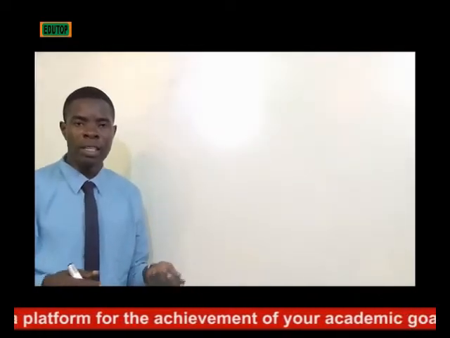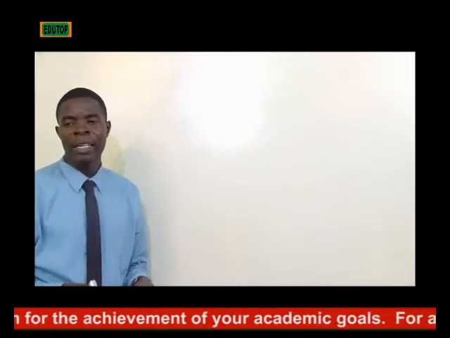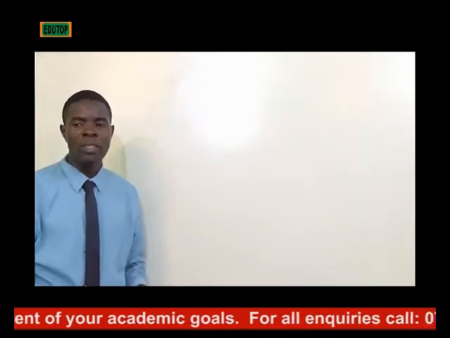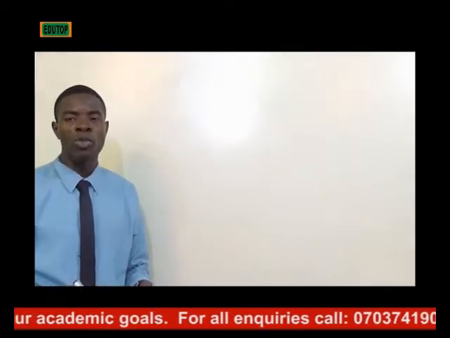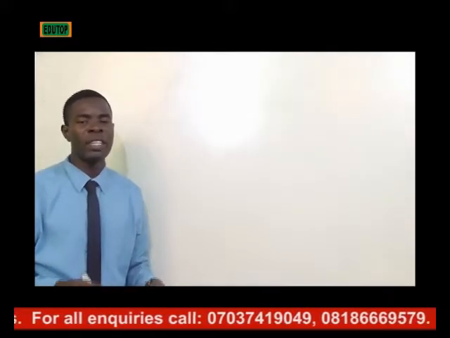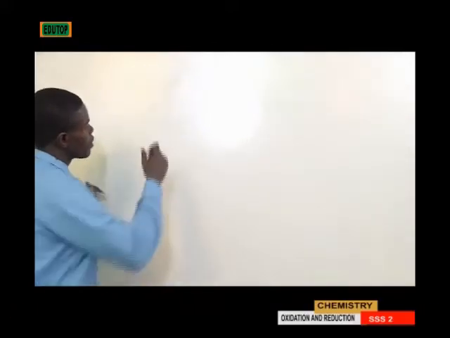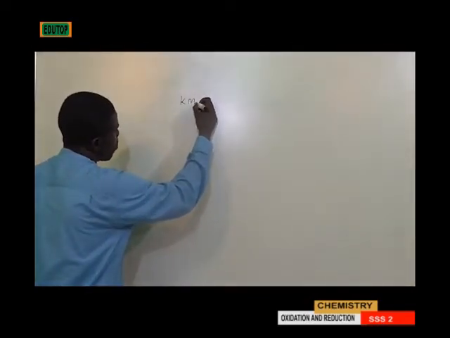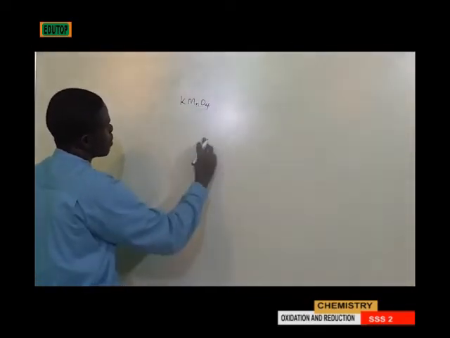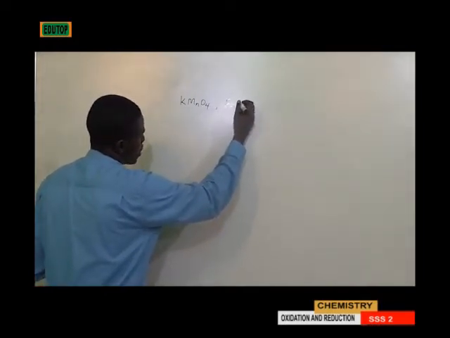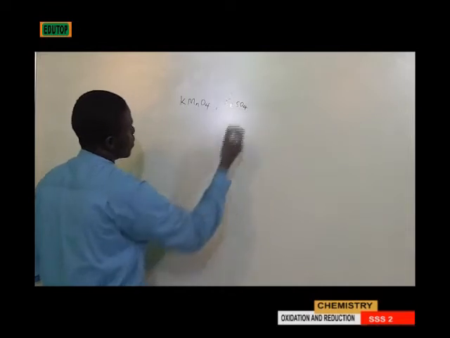be demonstrated by the reaction between acidified potassium tetraoxomanganate 7 and iron 2 tetraoxosulfate 6. This is potassium tetraoxomanganate 7 and this is iron 2 tetraoxosulfate 6.